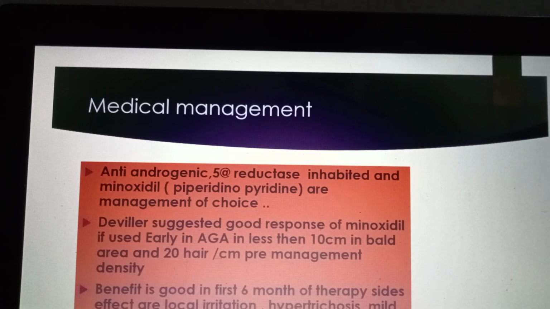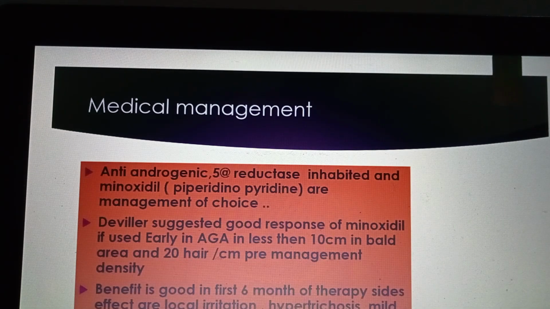Benefit is good in the first 6 months of therapy. Side effects are local irritation, hypertrichosis, mild contact dermatitis. For good results, minoxidil once or twice daily for an indefinite period must be used.